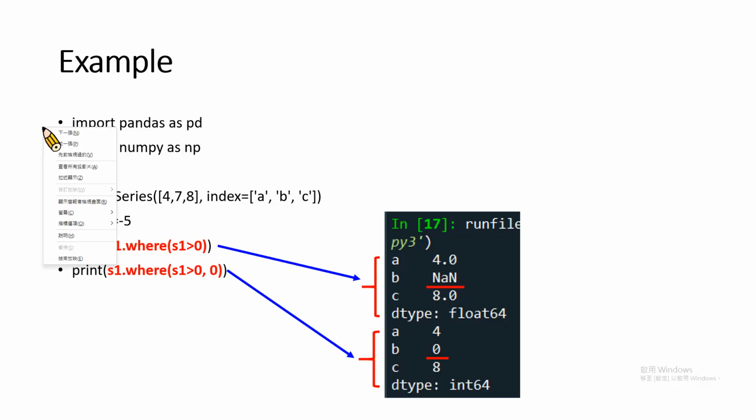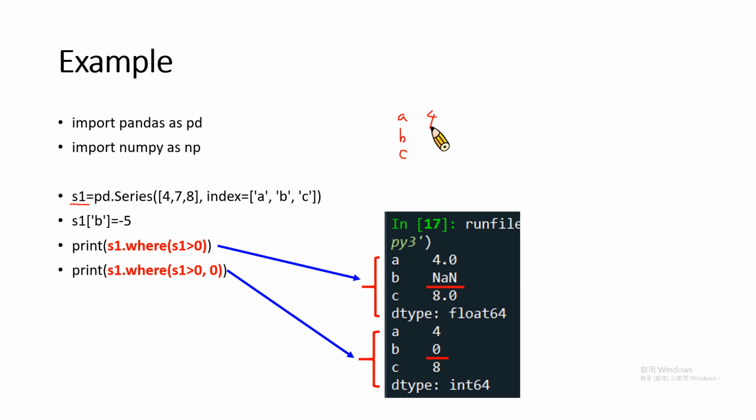So next we'll see some examples. S1 is the series. If you print out S1, it will be like that: ABC, 4 7 8.